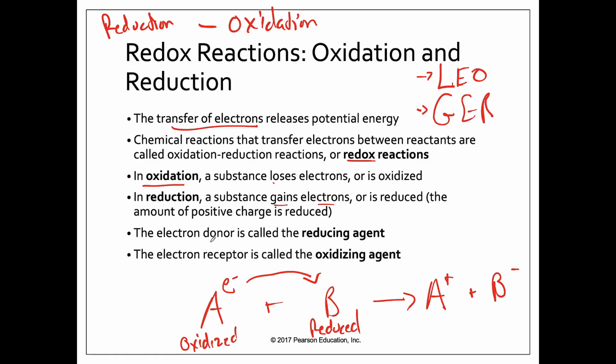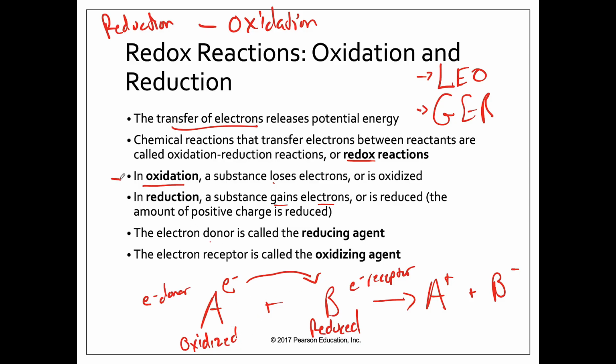The electron donor, in this case A, because it had the electron and it gave it up, is called the reducing agent because A reduced B. The electron receptor, in this case B, because it receives an electron, is the oxidizing agent because it oxidized A.